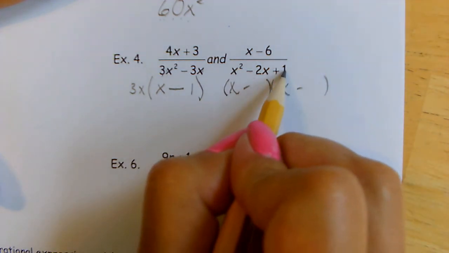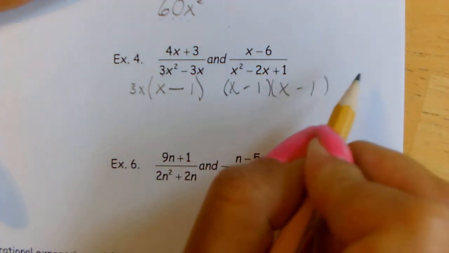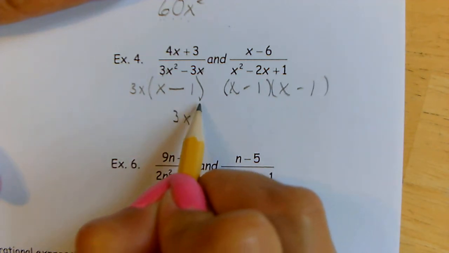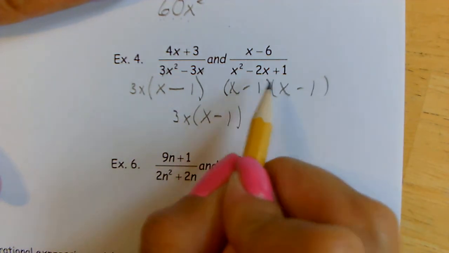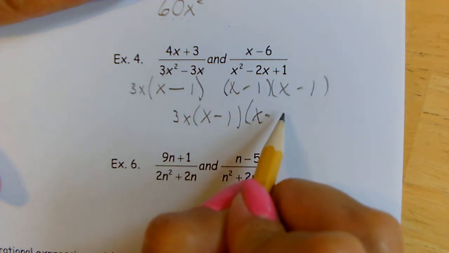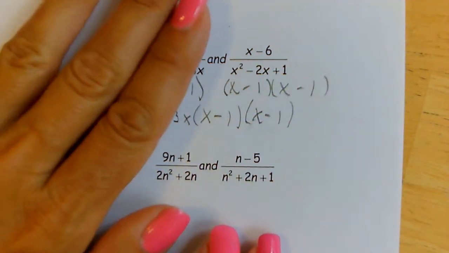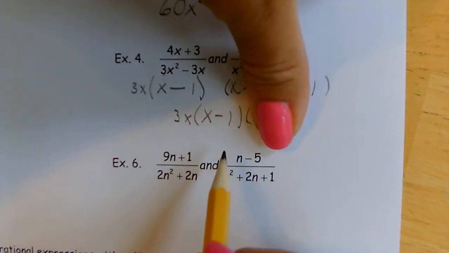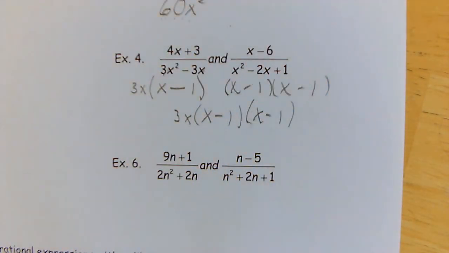Two numbers that multiply to 1 that add to 2, 1, and 1. So my lowest common denominator has to have a 3x and 2 of these. That way you'll see each denominator fits into it with no extras.